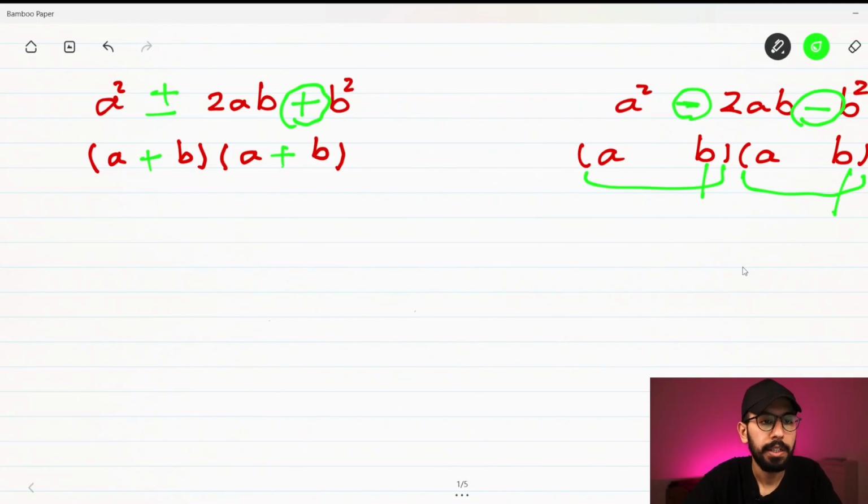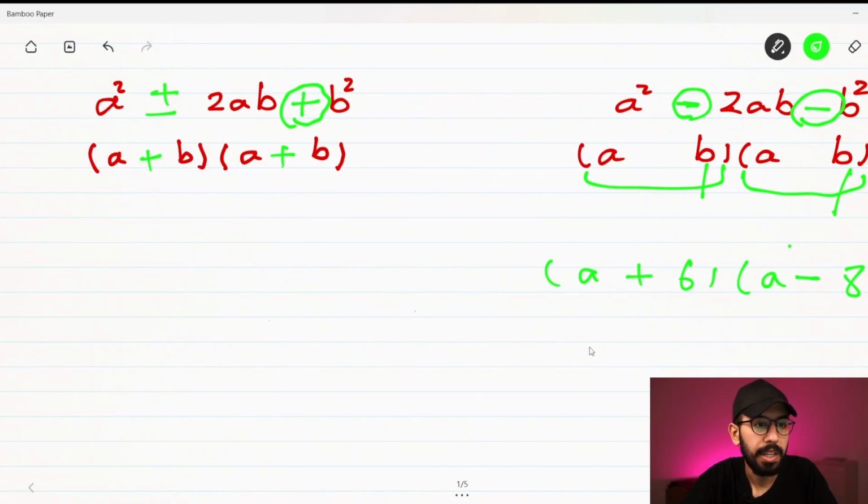Let's say we have here a and 8, and here we have a and 6. We see that there's a minus here, so the two brackets will have different signs, and the first sign is minus, so the bigger number will take the minus. The bigger number here is 8, so this one takes the minus and the other one takes the positive. If it is positive here, then the 8 will take the positive and the 6 will take the negative.